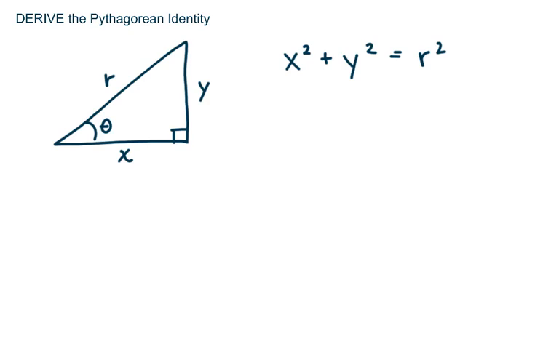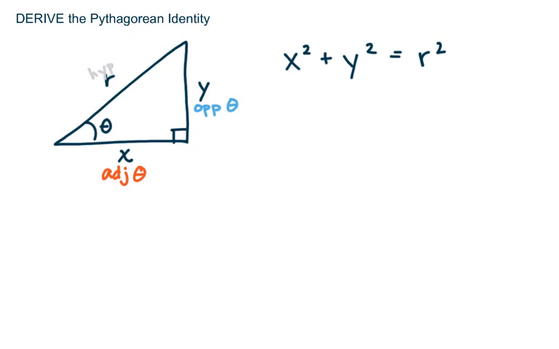Now, if we're considering theta, how does x relate in our SOHCAHTOA language to theta? x is touching theta, or adjacent to theta, whereas y is opposite theta. And then, of course, my r there represents my hypotenuse. So if we wanted to translate this into some trig identities, what could I do?